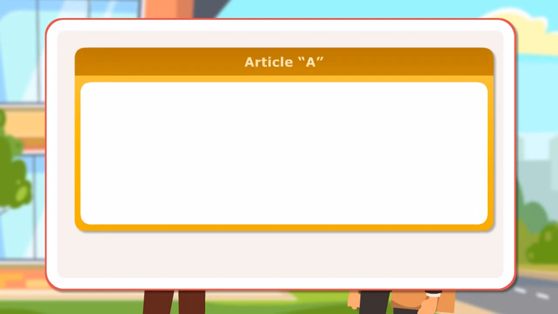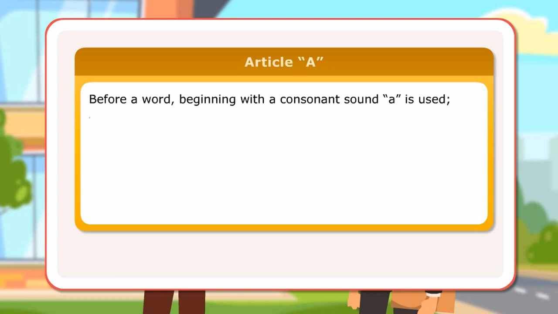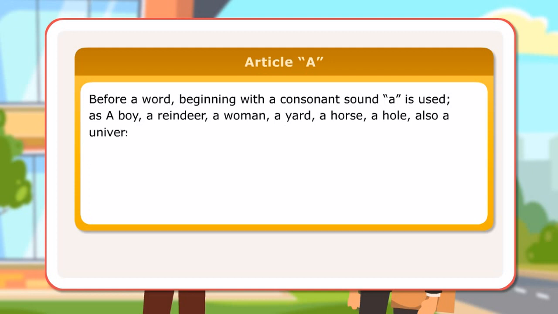Usage. Article a. Before a word beginning with a consonant sound, a is used: a boy, a reindeer, a woman, a yard, a horse, a hole, also a university, a union, a European, a EU, a unicorn, a useful article.